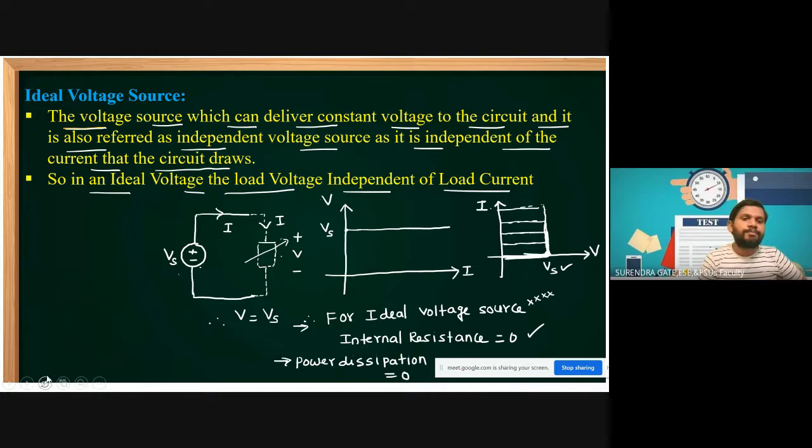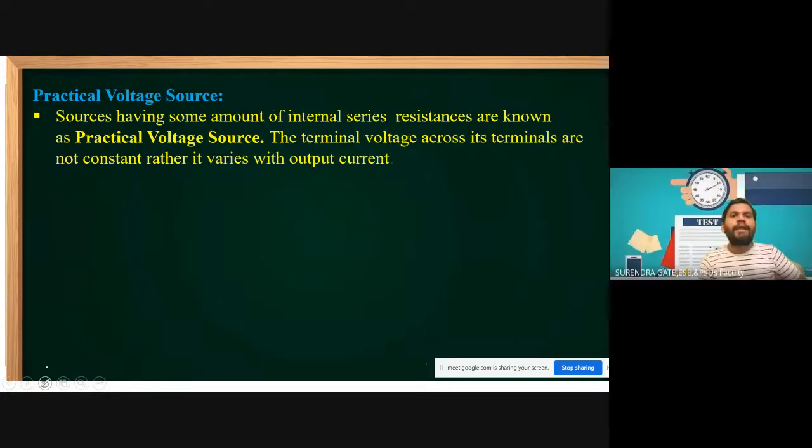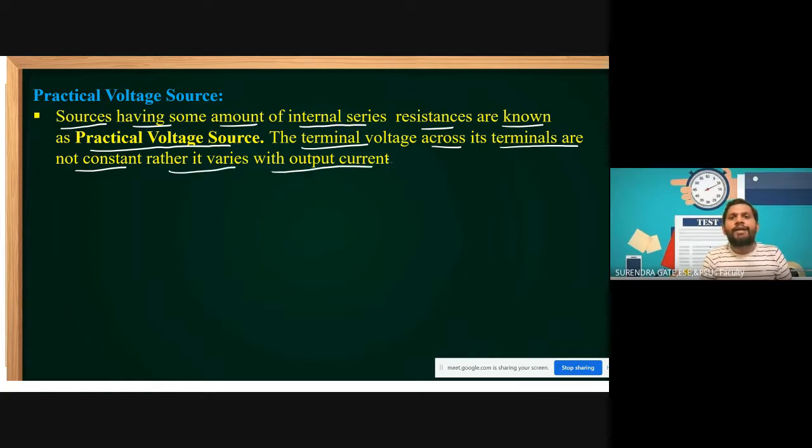Next, we'll see the practical voltage source. A source having some amount of internal series resistance is known as a practical voltage source. The terminal voltage across its terminals is not constant, rather it varies with output current.